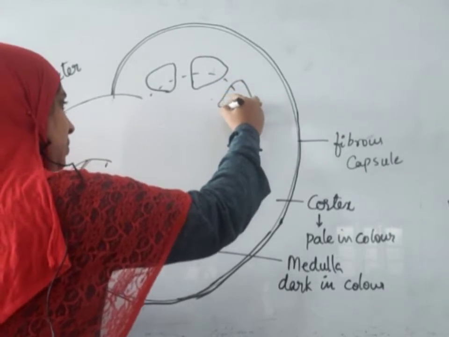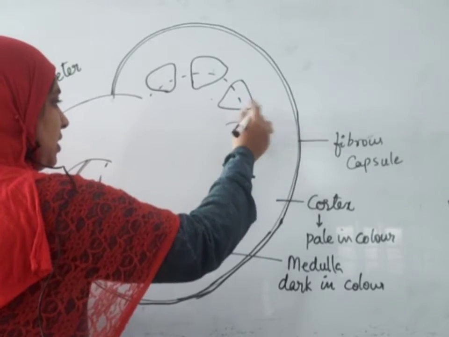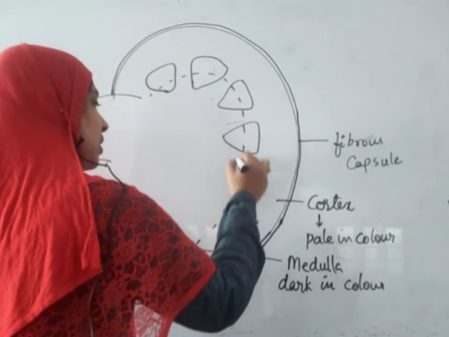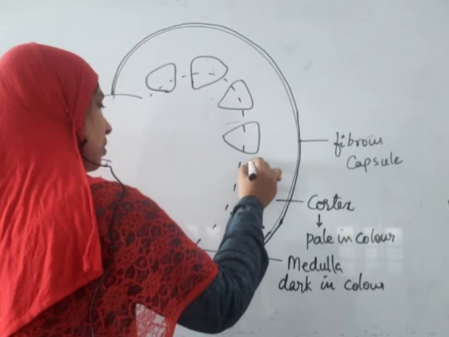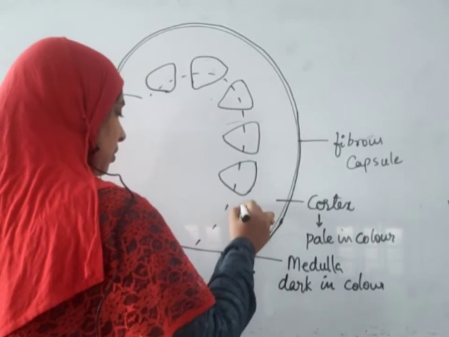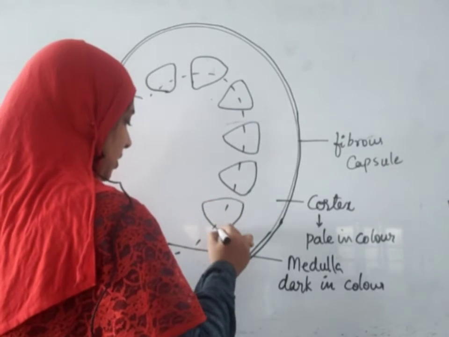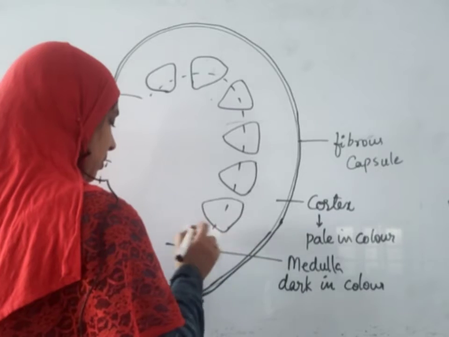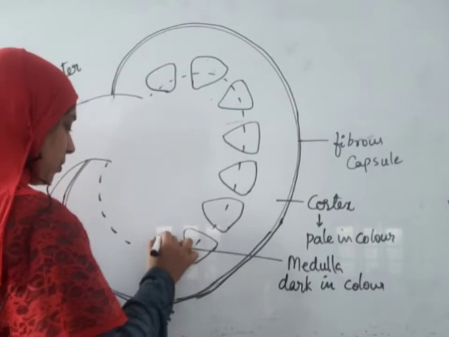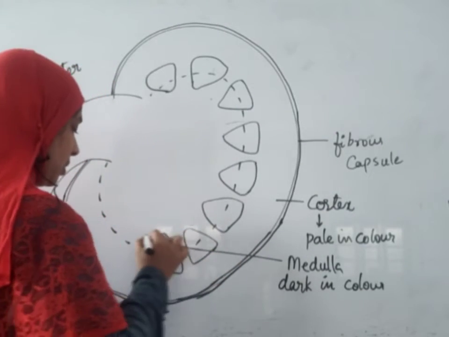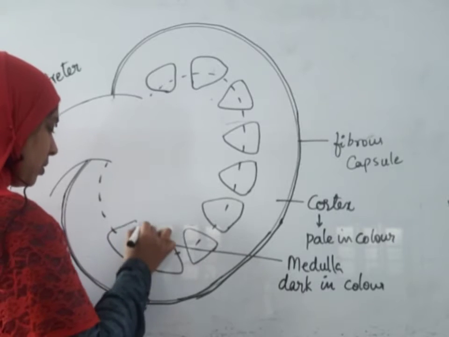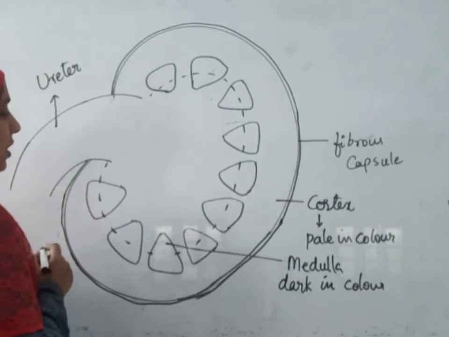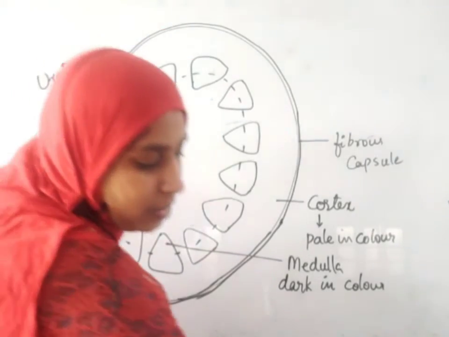Same like Egyptian pyramids, there are structures like this which are called renal pyramids. So these are renal pyramids.